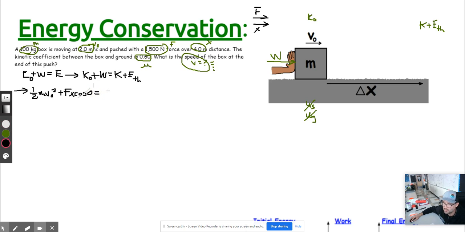And that's going to be equal to 1/2 m, and we're going to have our final velocity squared, which we'd like to solve for, plus some thermal energy.